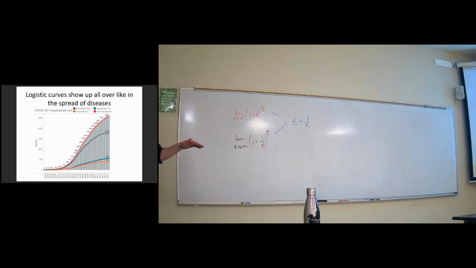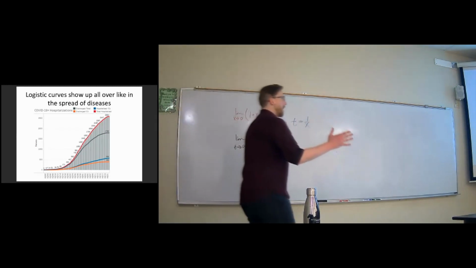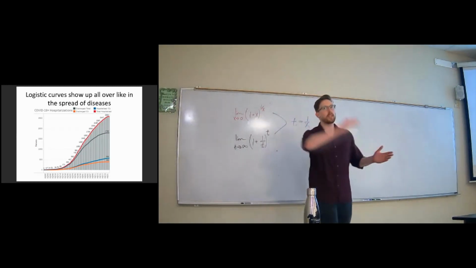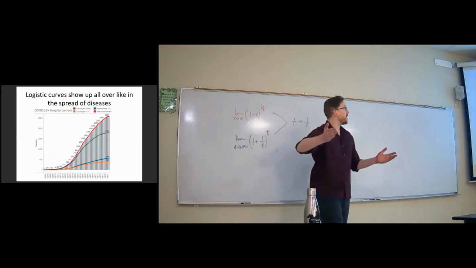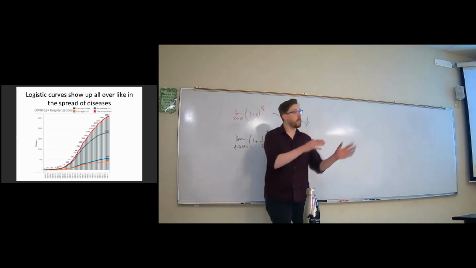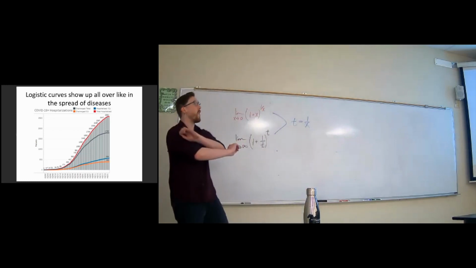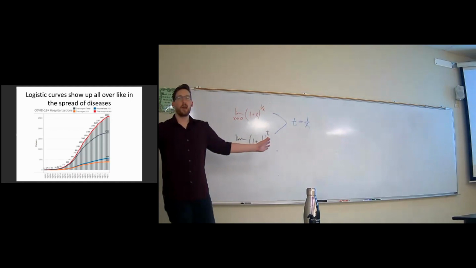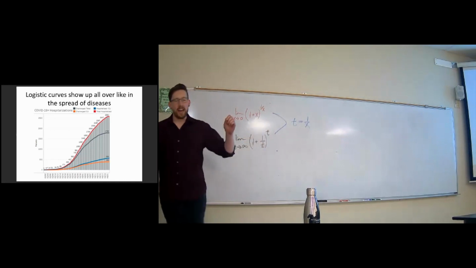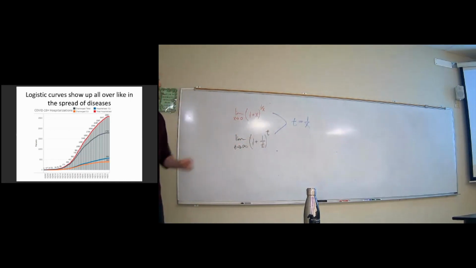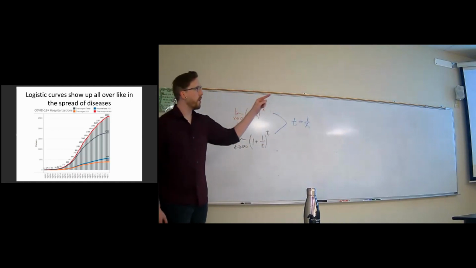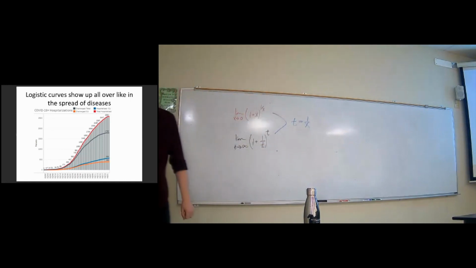It is why every time we opened back up, we saw increases in rates. It is why every time we shut down, it took time for the rates to decrease. This single function shows up all over epidemiological studies. Anything that's a disease is going to in some way, shape, or form be modeled by this function.